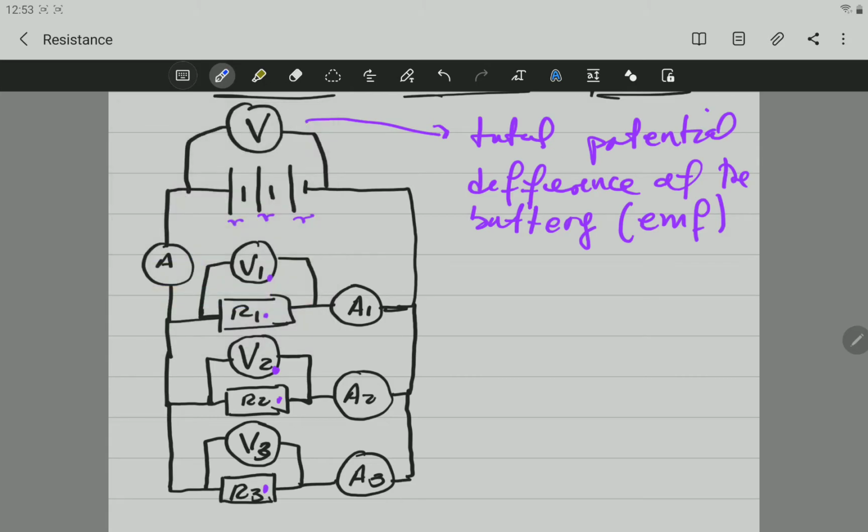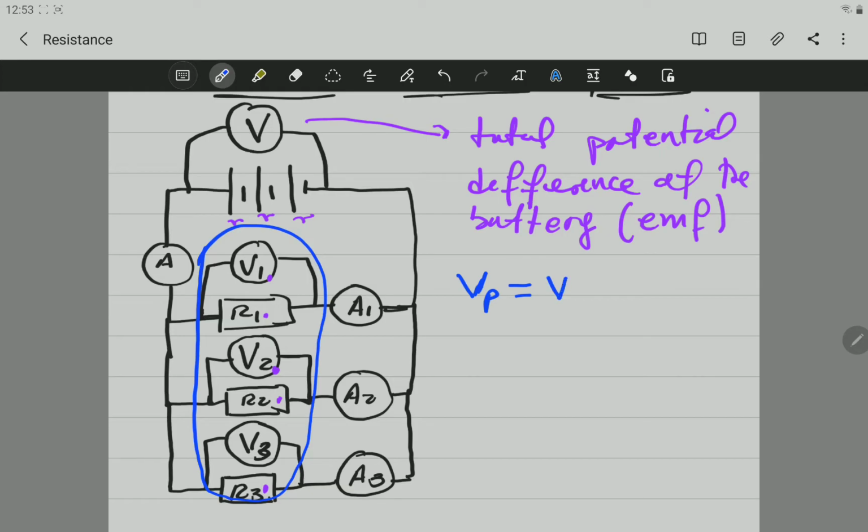When the resistors or any components are connected in parallel, the voltage or the potential difference in that parallel part will be equal. In other words, the potential difference across all these resistors connected in parallel will be exactly the same.